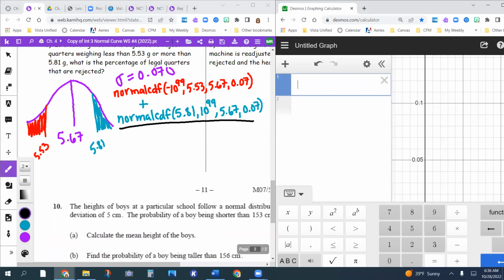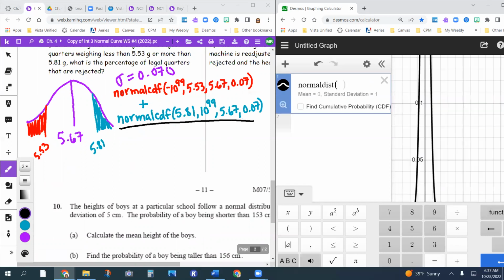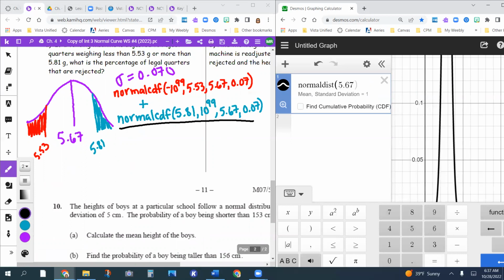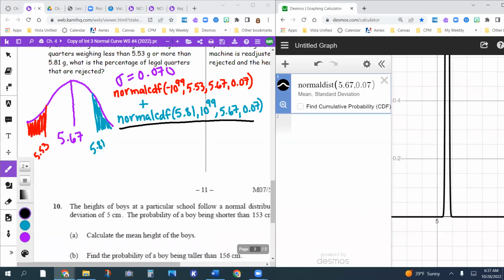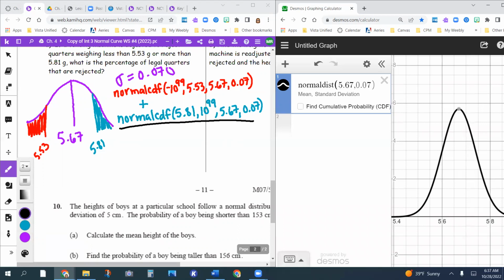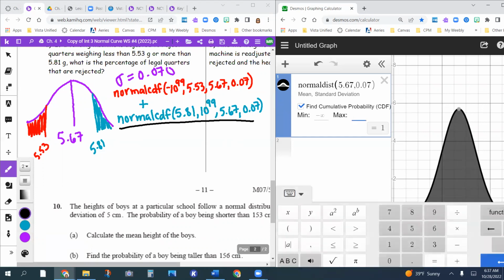Okay, so I'm going to get my normal distribution. Mean is 5.67. Standard deviation is 0.07. Hit this so I can see it. And I want to find it from negative infinity, which is negative 10 to the 99, up to 5.53.